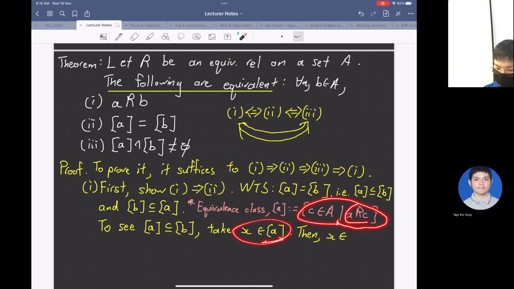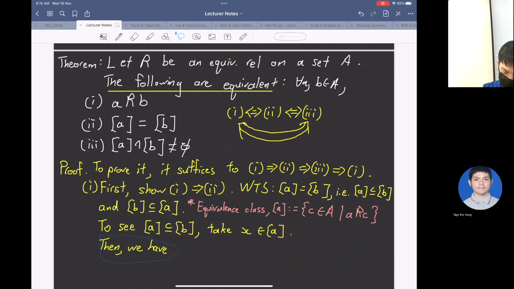X satisfies this relation here. Then we have A is related to X.